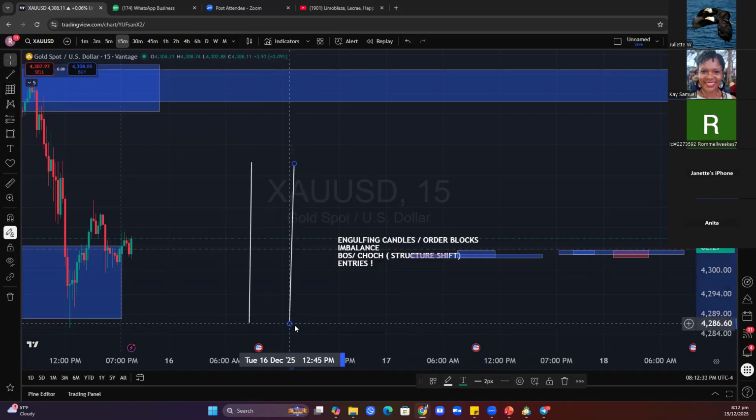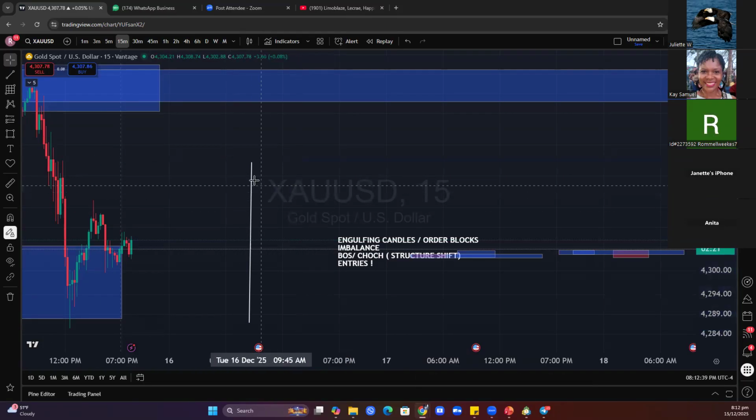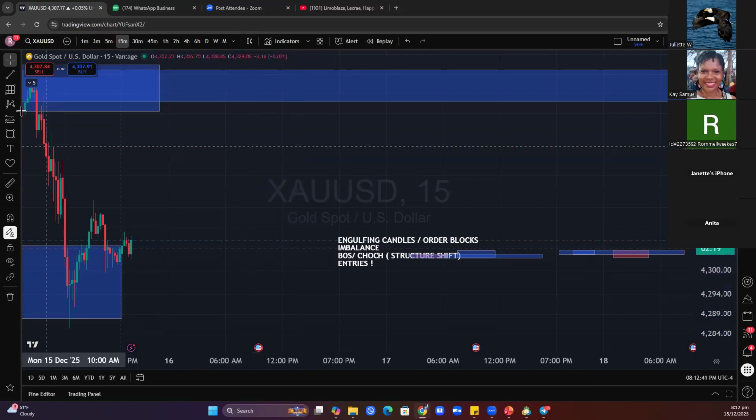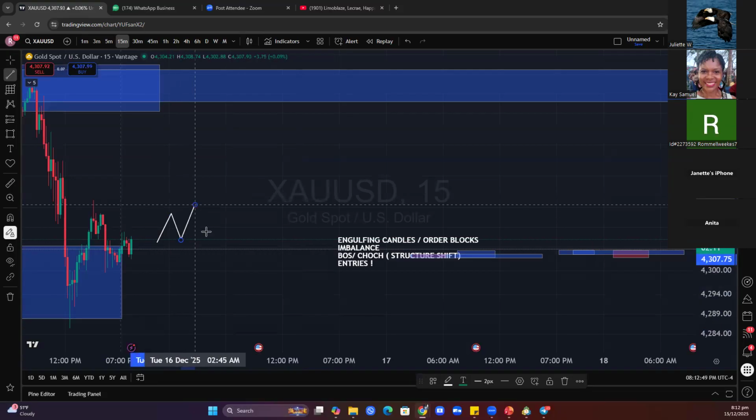But that's not the way the market goes. There must be buyers where there are sellers. That's what we call order flow. Buys, sells. The market has to trade in balance.